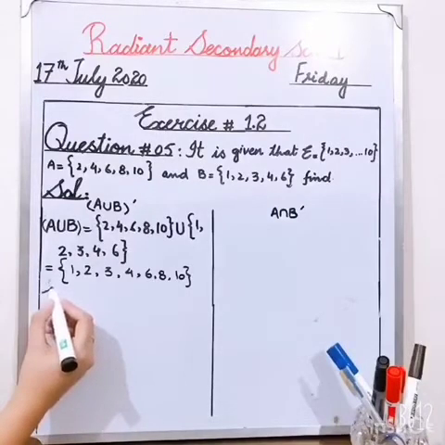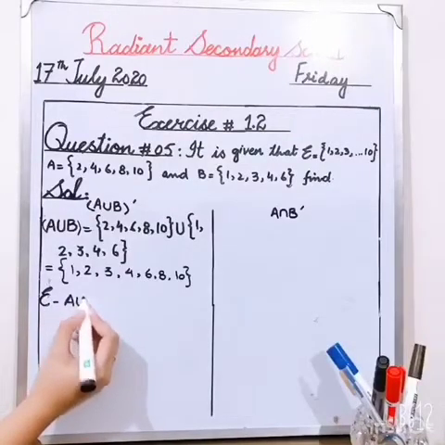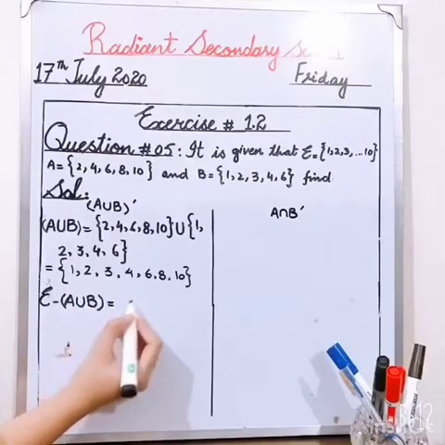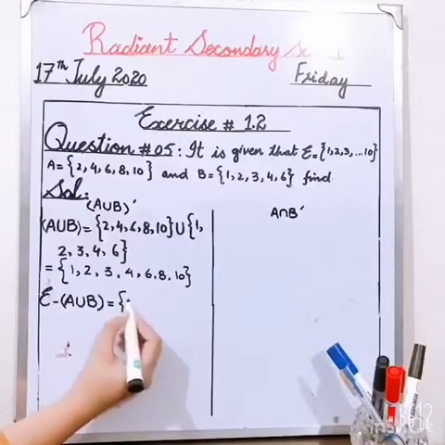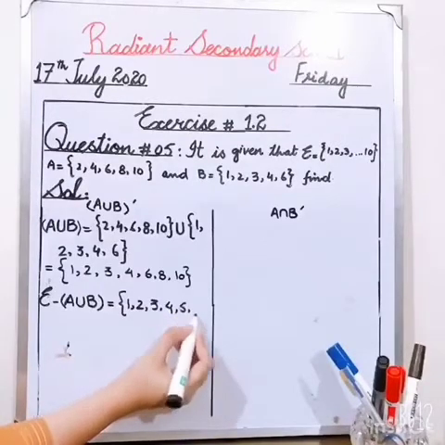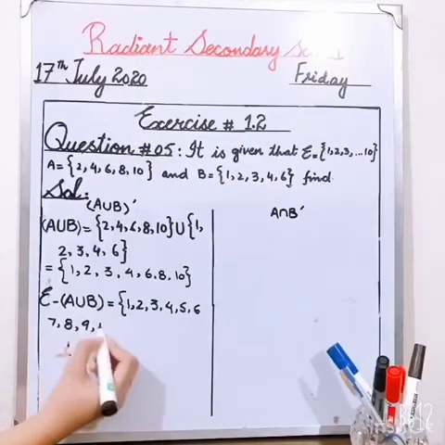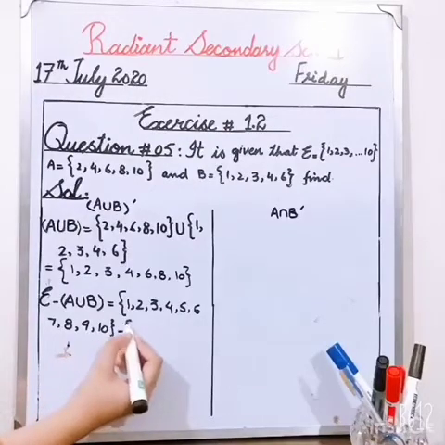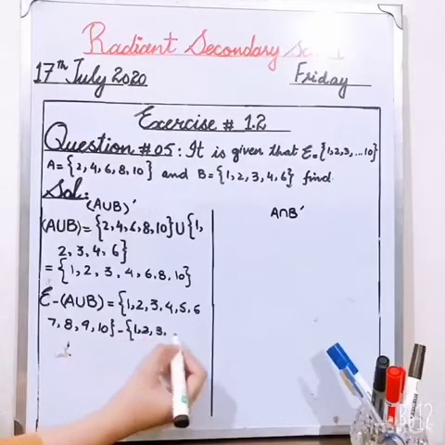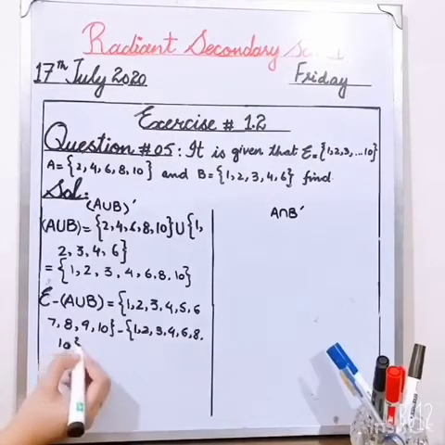You will write E minus A union B. So firstly you will write down set E, that is 1, 2, 3, 4, 5, 6, 7, 8, 9, 10, minus the answer of A union B, that is 1, 2, 3, 4, 6, 8 and 10.